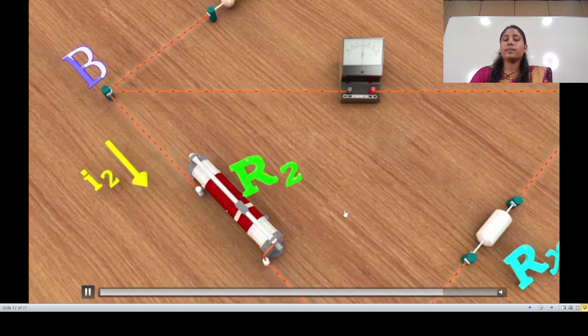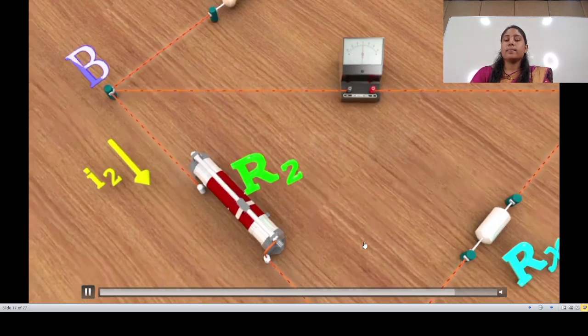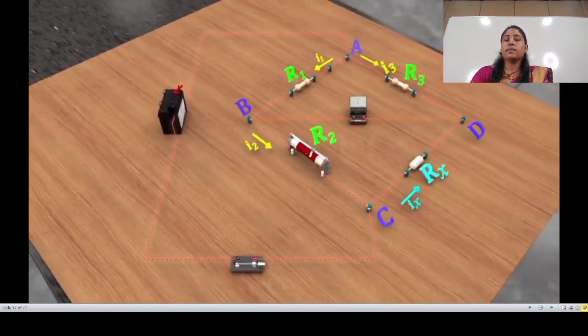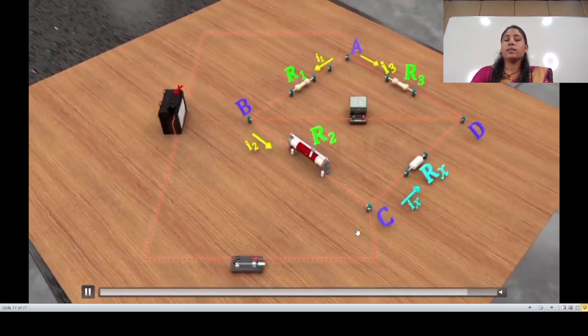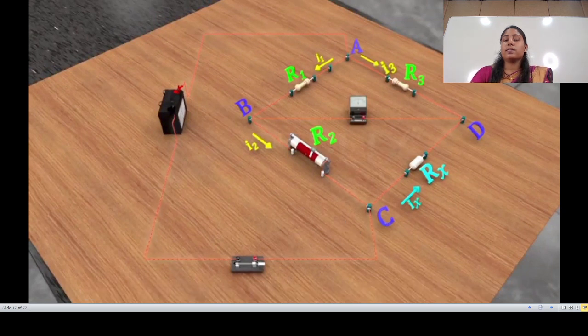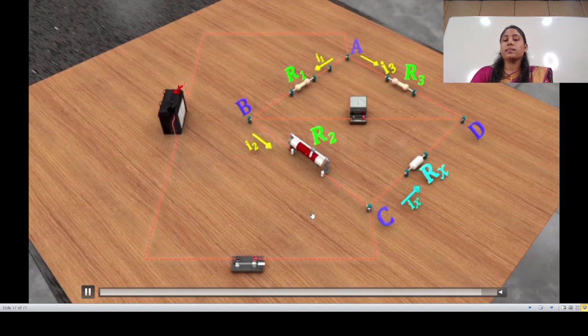Okay, see another point. Then we will get the equations.